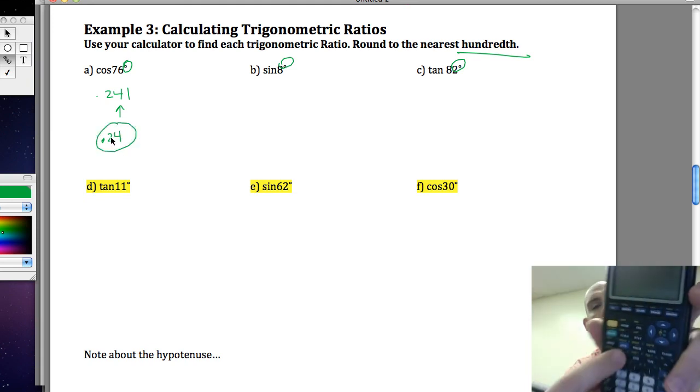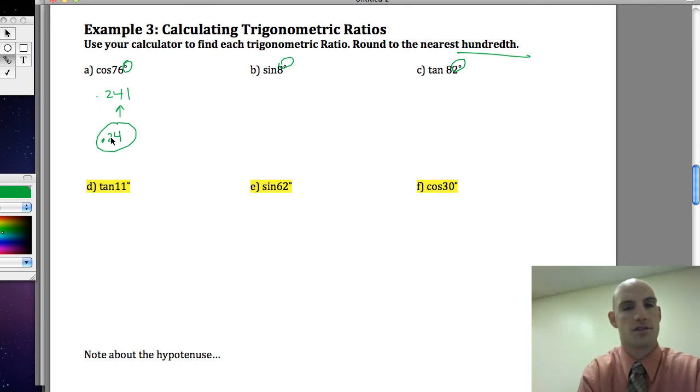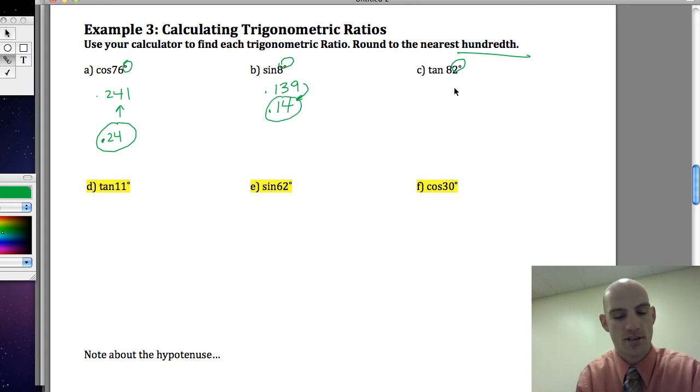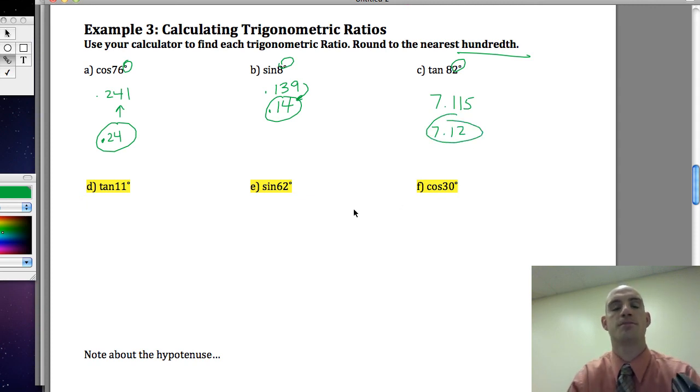For sine, I'm going to use the SIN key, so sine of 8, and that's going to be 0.14, because it's actually 0.139, but we round to the hundredths place, so 0.14. And the tangent of 82 is equal to 7.115, so it'll be 7.12 when you round to the nearest hundredth.